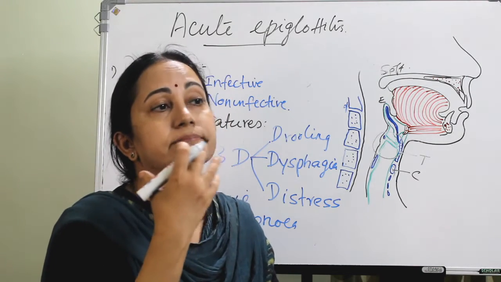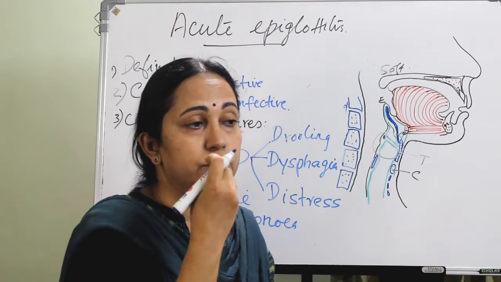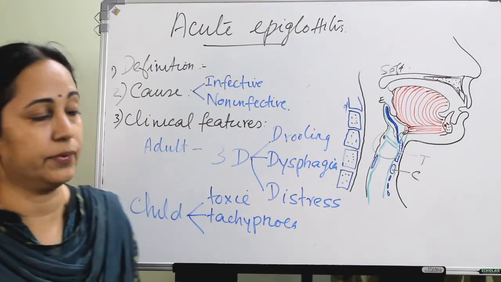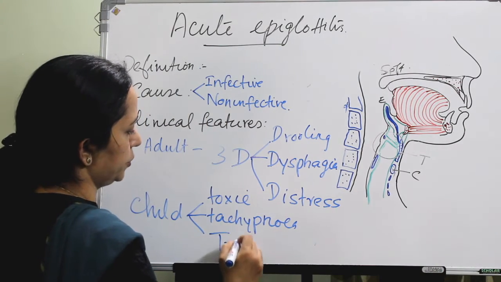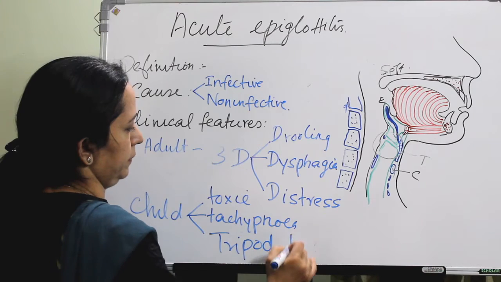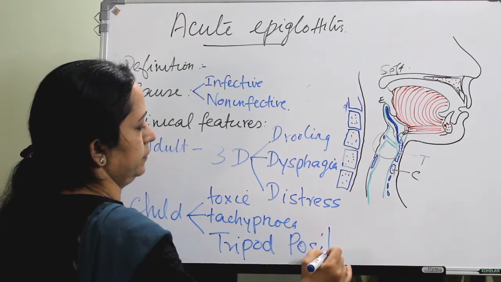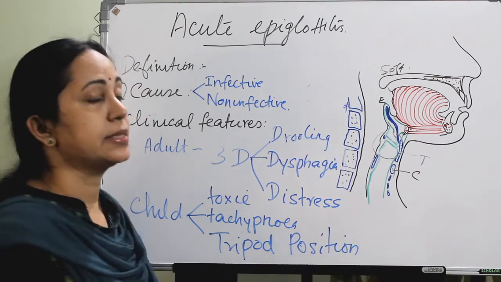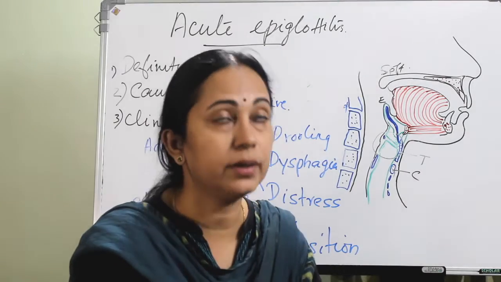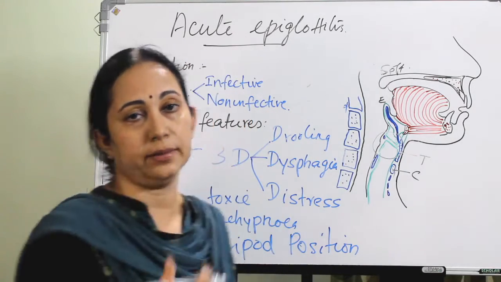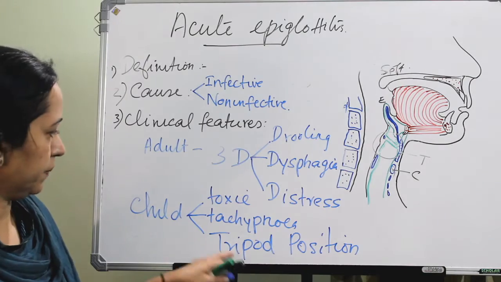We call this the tripod position: sitting upright, leaning forward with extended neck, so as to breathe more comfortably.